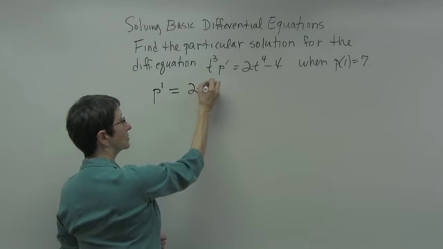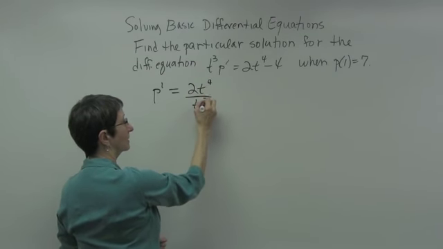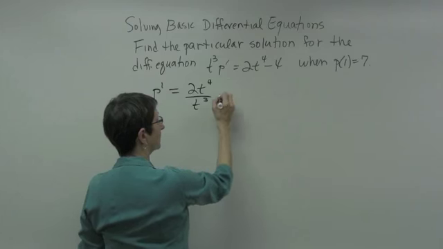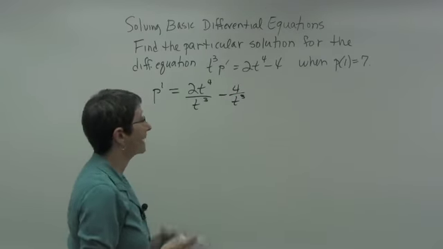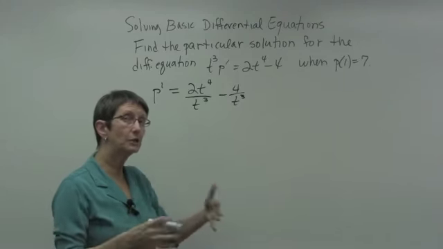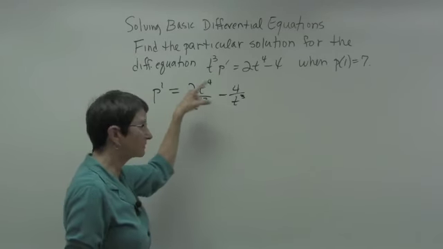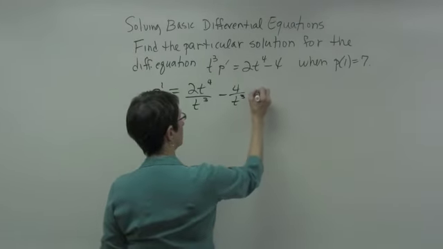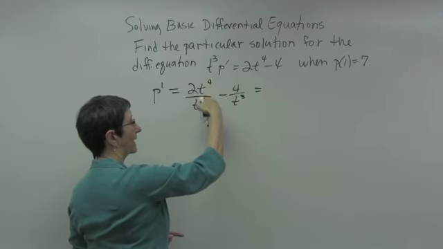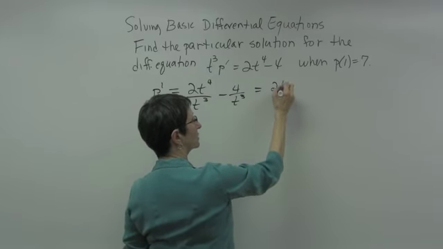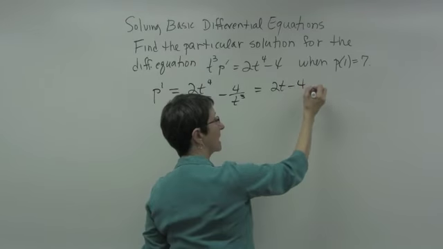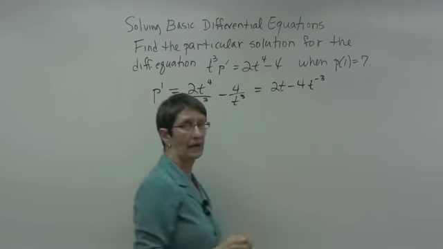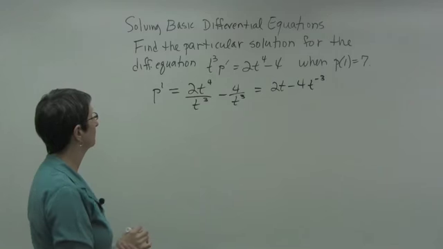So divide each piece separately by t to the third, minus 4 over t to the third. I'm going to do antiderivatives, so I want to simplify this a little bit more. The t's will cancel, and I'm left with 2t on top in the first term, minus, and I bring the denominator up with a negative exponent. That will let me take my antiderivative.